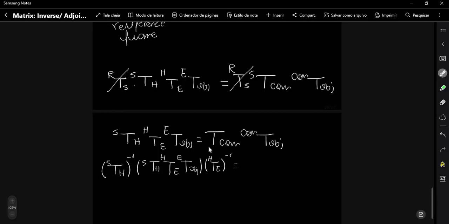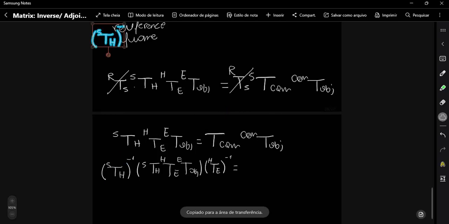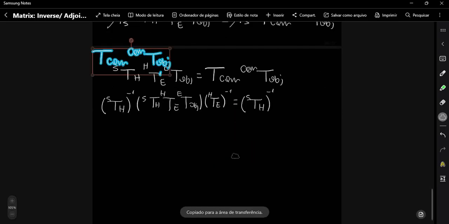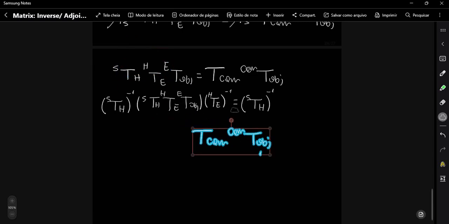And what we do on one side of the equation, we have to do on the other side. We are doing this to simplify the equation, so we will be left with only one transformation on this side.